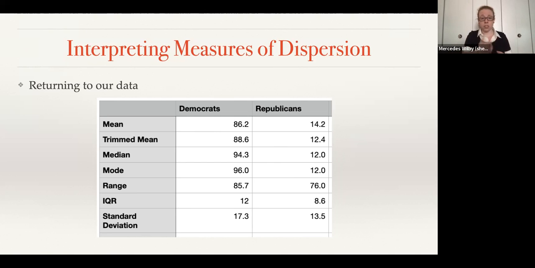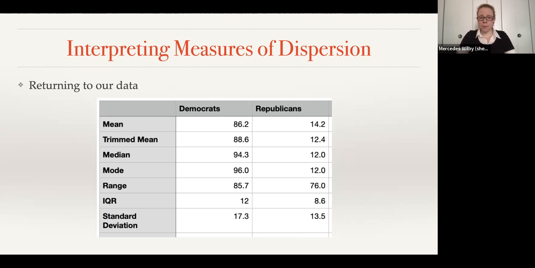The Democrats do not, right? The mean, the median, and the mode are not close. There's a big spread, almost a 10-point difference between the mean and the mode. So we know that's not a normal distribution. That makes the standard deviation maybe a little less helpful for us, but we still know that it's a good comparison between the Democrats and the Republicans.